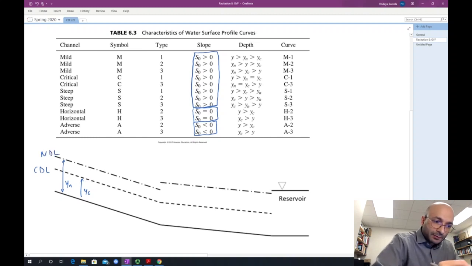Make sure you label those on both sides. So here, that's a normal depth line for the downstream section. The critical depth line is the same.